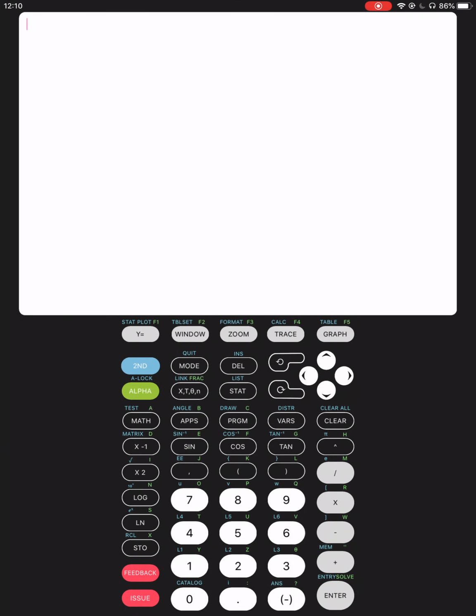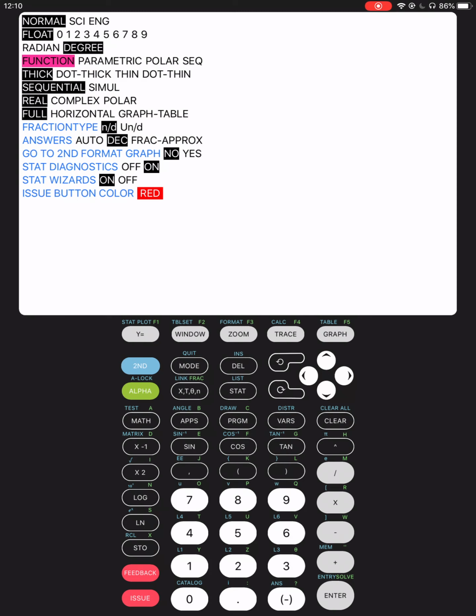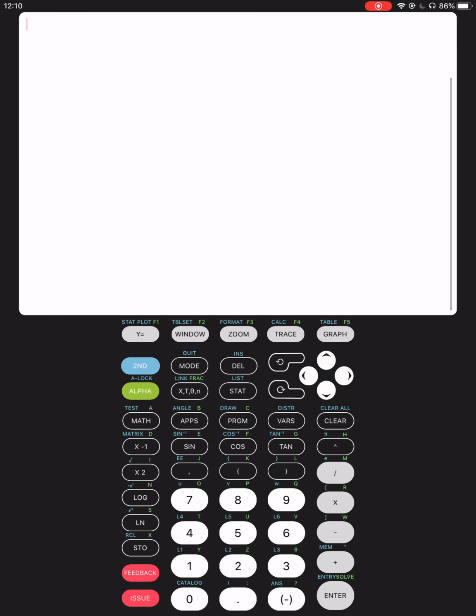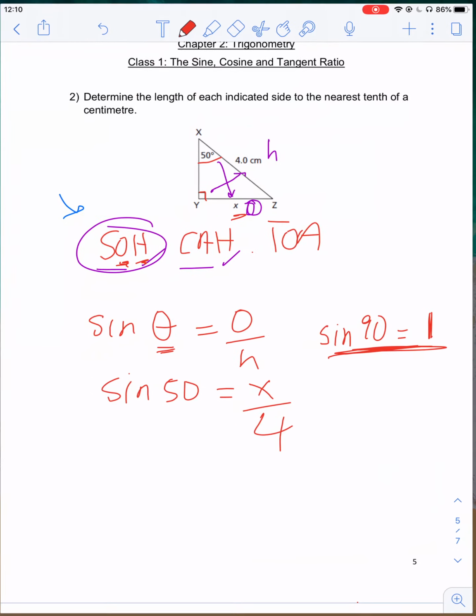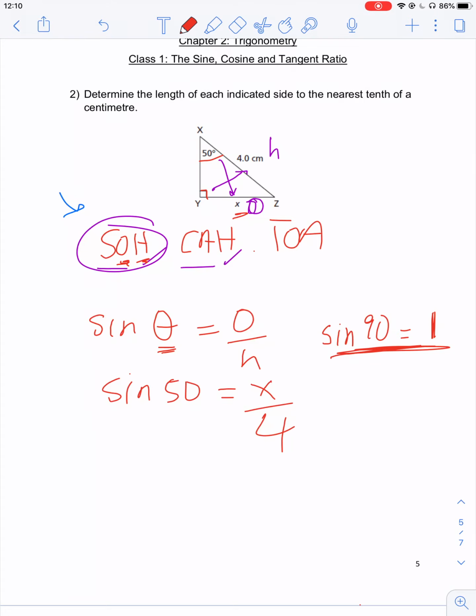If you have a different model, it's the same process. Just find the mode button, click on it and make sure you're in degree mode. To verify, take sine of 90 and check if you are getting a 1.